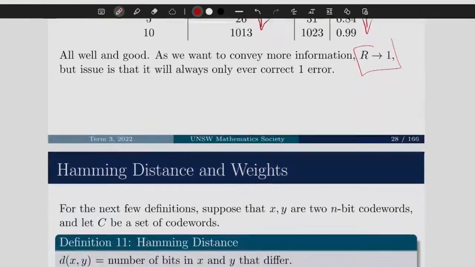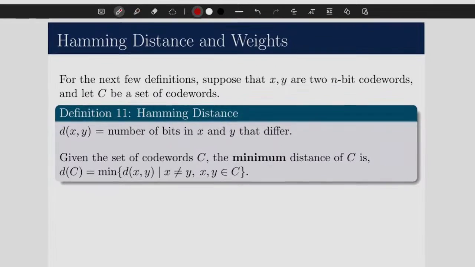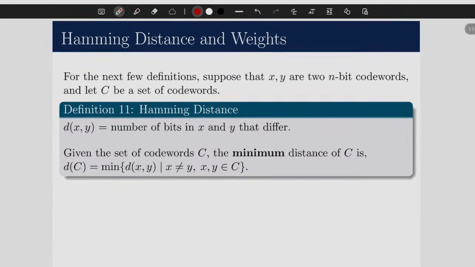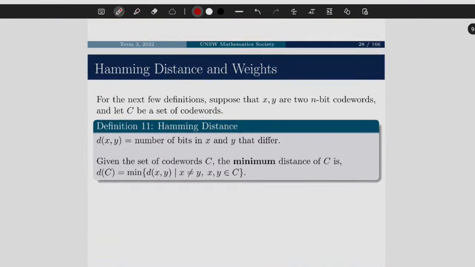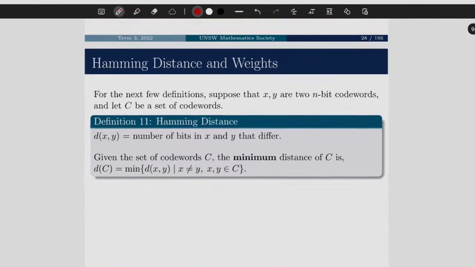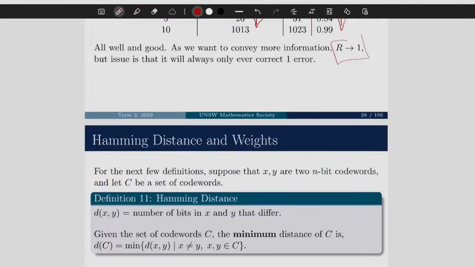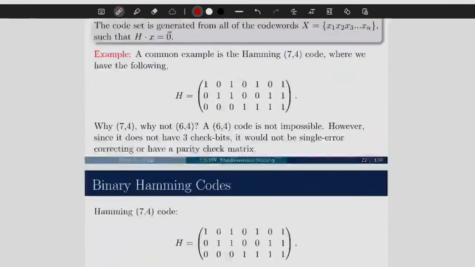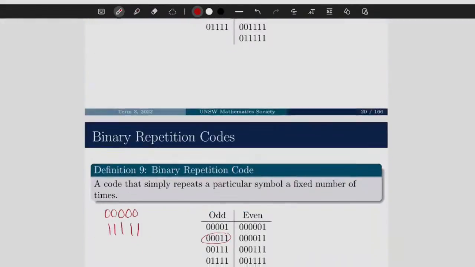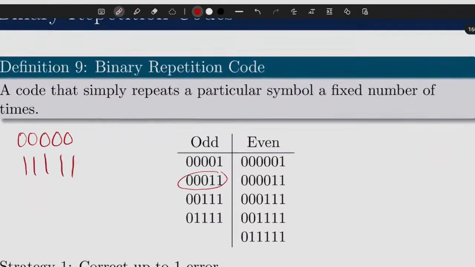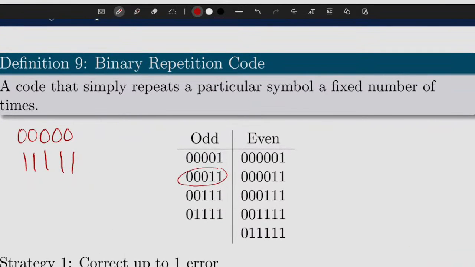So slay. Okay, Hamming distance and weights. This is something that we need to know contextually as jargon, but I feel like all of us have been using this concept implicitly at least, right? The example I want to use for how we've been using this implicitly is up here, when we're talking about correcting up to 1 error or 2 errors.